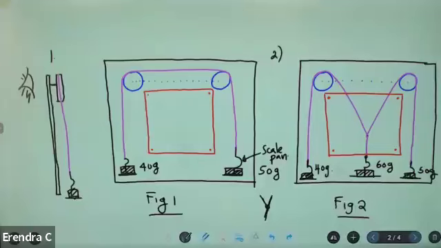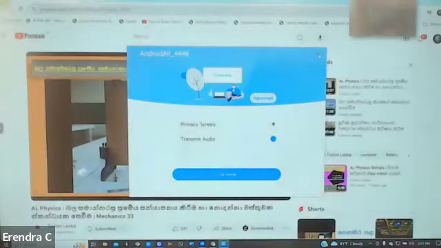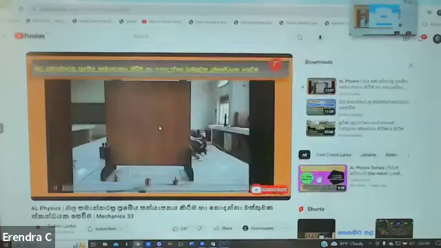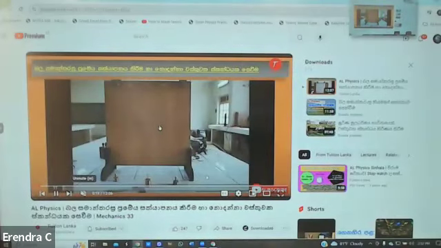This will cause additional friction, causing the diagonal to not be vertical.